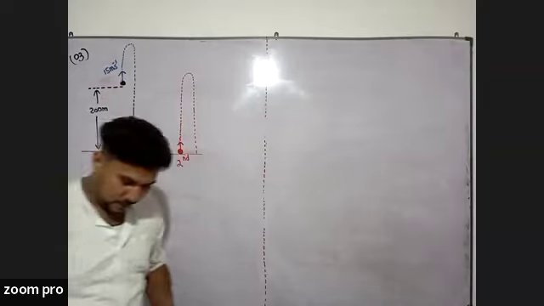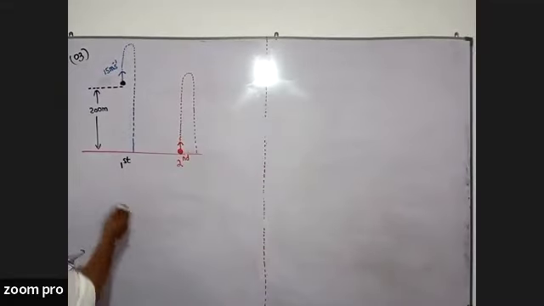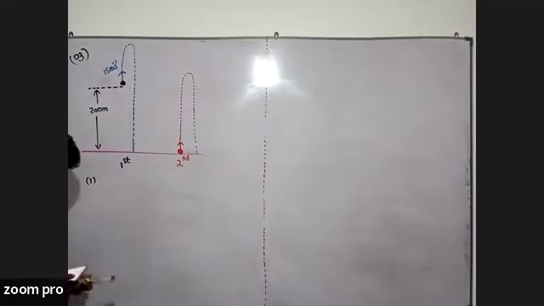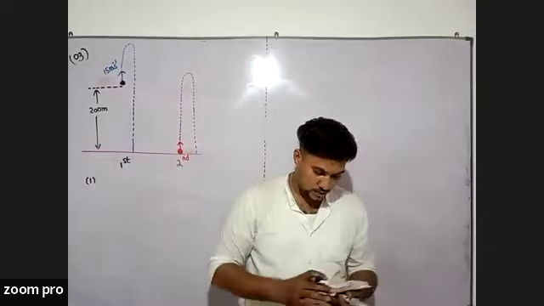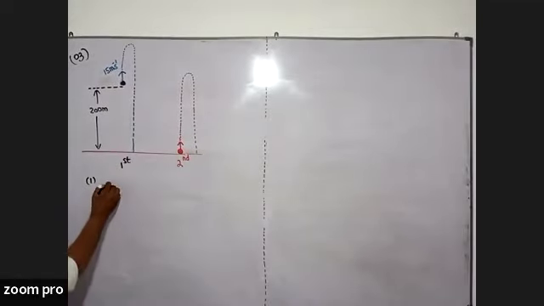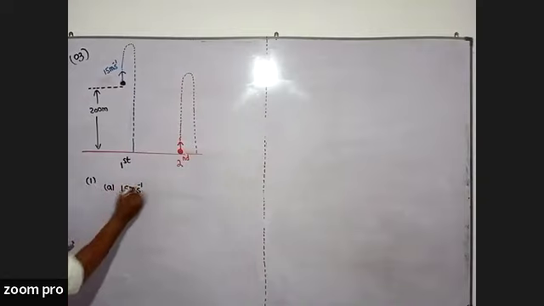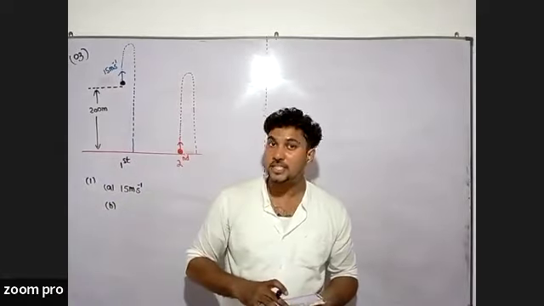Okay. Now, in the first one, as seen by a man on the ground, what is the initial velocity of the first stone? I think it should be equal to 15, isn't it? Now, normally we consider that if the object is released, the initial velocity is 0.